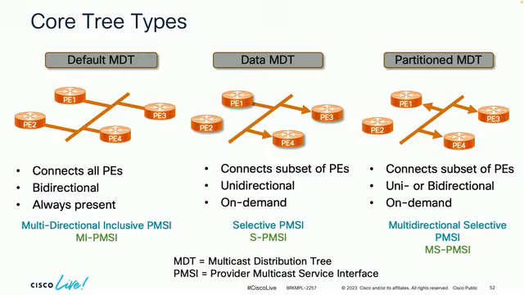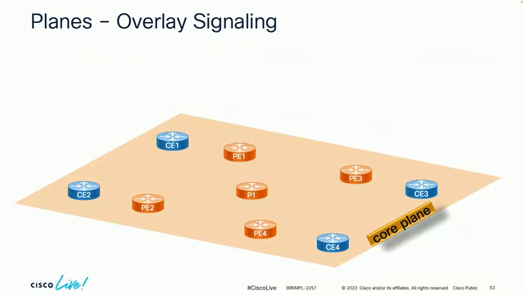In case of default MDT, as soon as we provision our multicast routing and VPNs, this whole full point-to-multipoint mesh of trees will be created. On the other hand, there may be a case where you have co-located source hosts, whereas there are a large number of sites where only receivers are sitting, and you really don't want to create a full mesh of trees. In that case, partition MDT is the one which is useful.